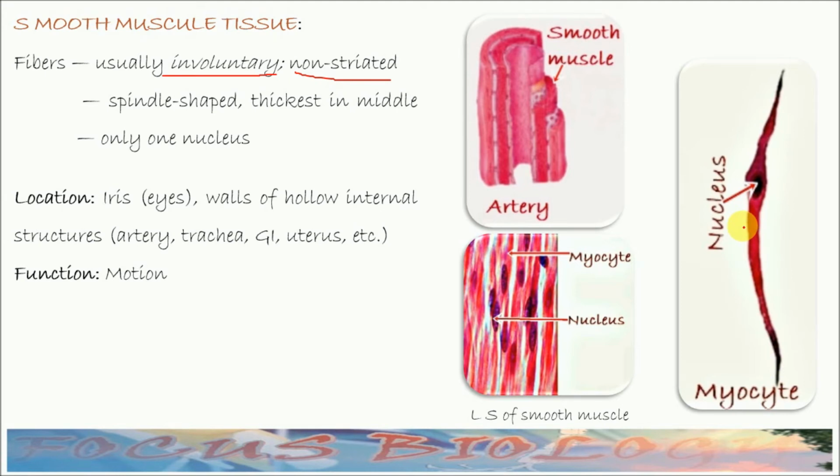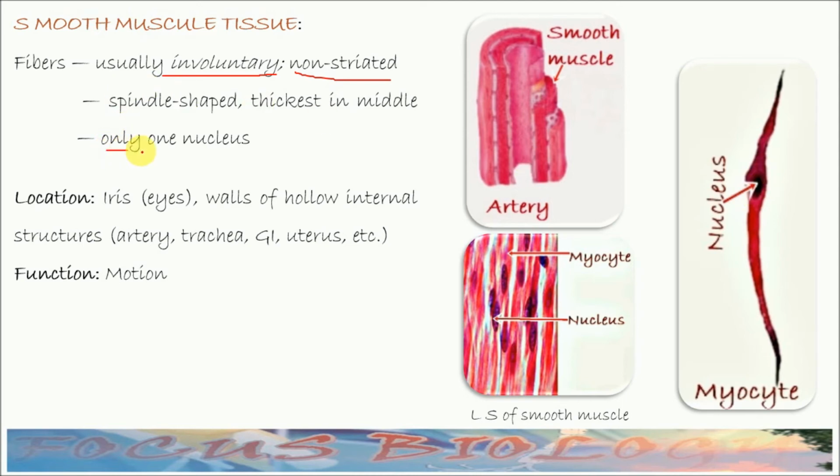It means a smooth muscle fiber is spindle shaped and there is only one nucleus which is present in the thickest part of the spindle, that is almost in the middle.